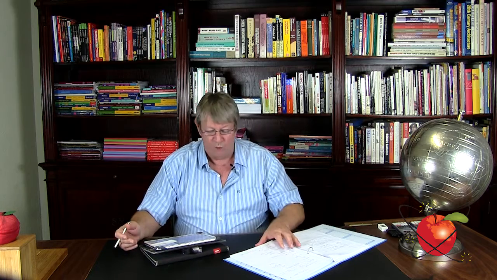We've got a test and they want to know if there's a halide involved. In both cases we're going to add an acid. If there's an acid added, we look and see if there are bubbles of gas. That means we've got a carbonate involved somewhere, because when you put an acid and a carbonate together, you get CO2.